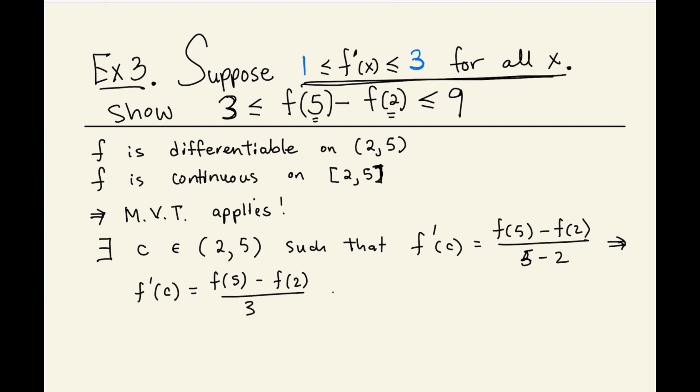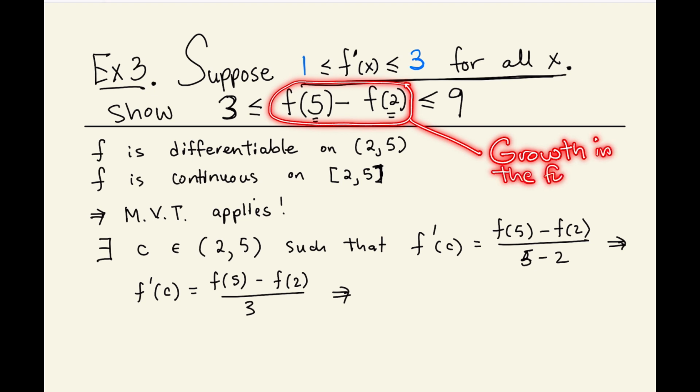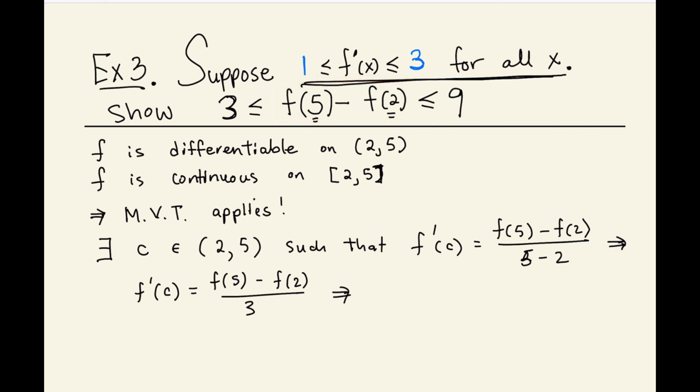Since we're being asked about the difference, I think of this as the growth in the function, or in other words, the change in the function as we move from x equals 2 to x equals 5. How much does this function increase or decrease? It's like the delta y, the change in f.